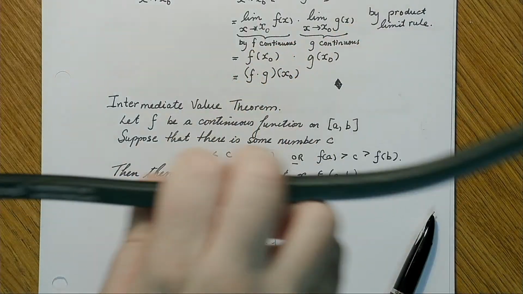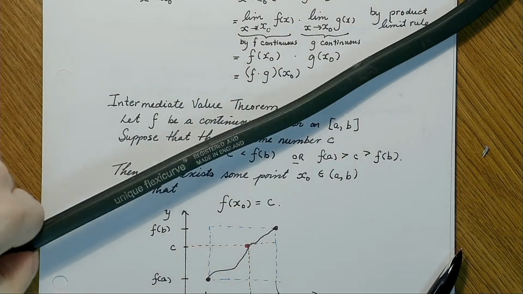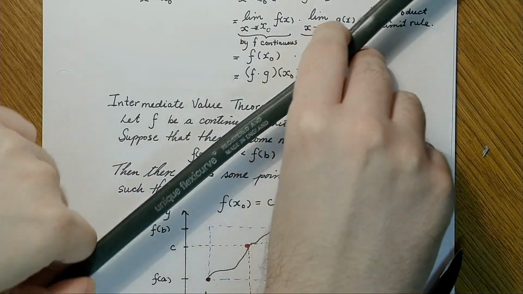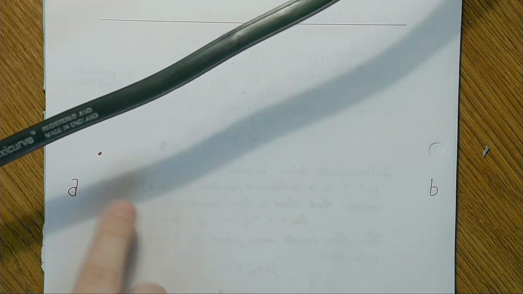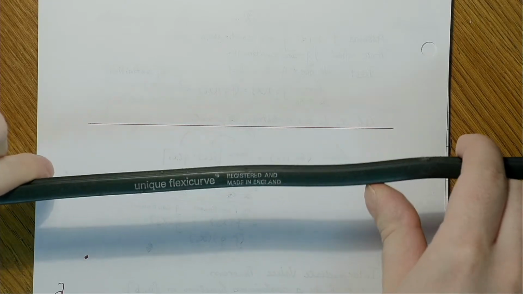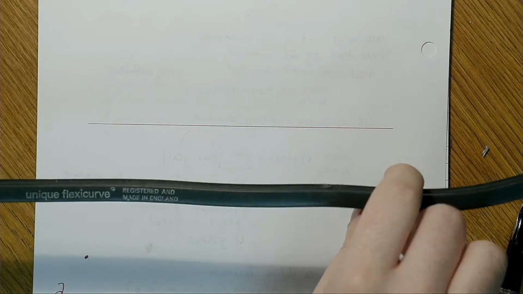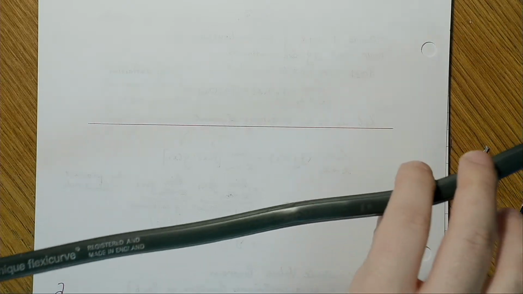So again, the idea is, I have a flexi curve. If you have 2 points here, and here is a continuous curve, I can't break it. I can't do a whole bunch of weird things to it, so it's a nice smooth continuous curve.